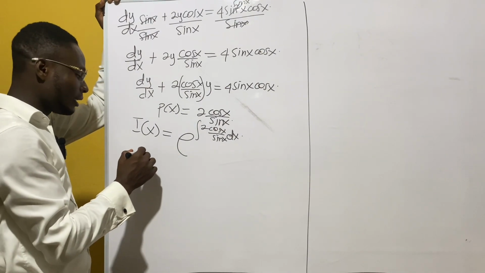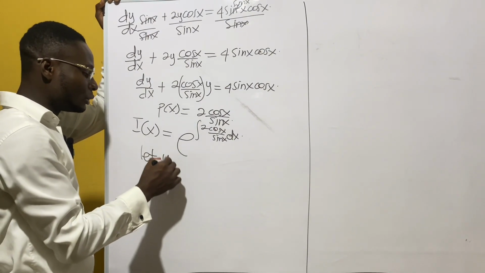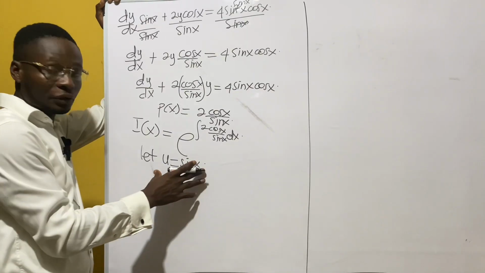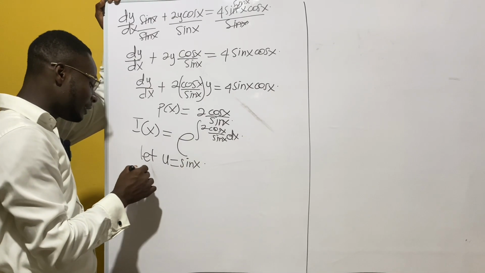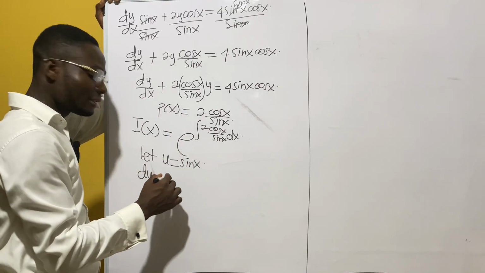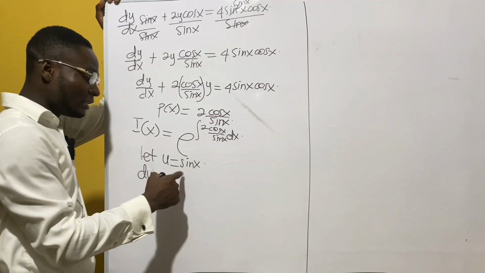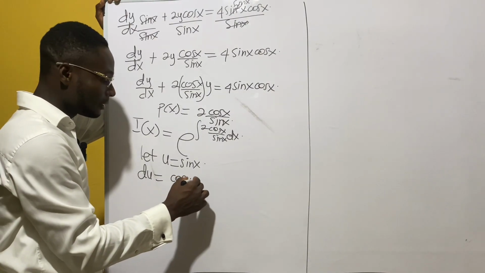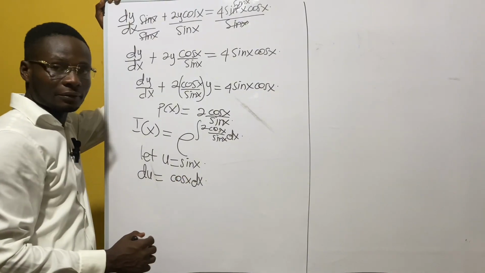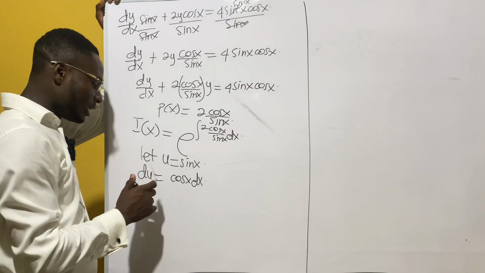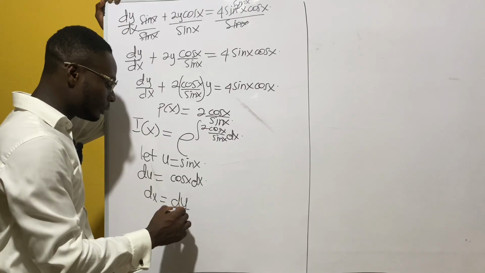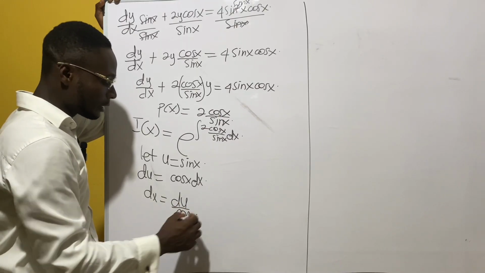Let me break it down. Let u equal sine x. Then differentiating both sides, the differential of sine x is of course cos x dx. So we need the dx, so dx is equal to du over cos x.